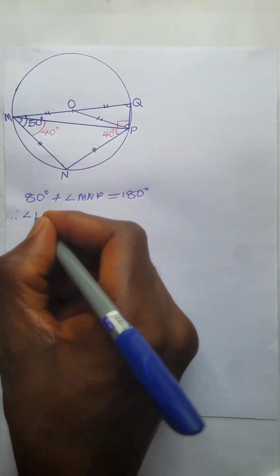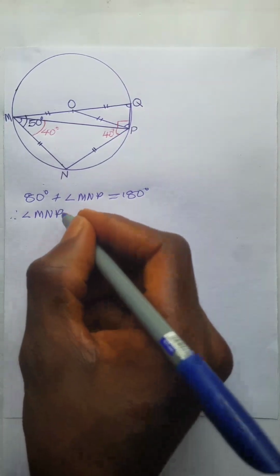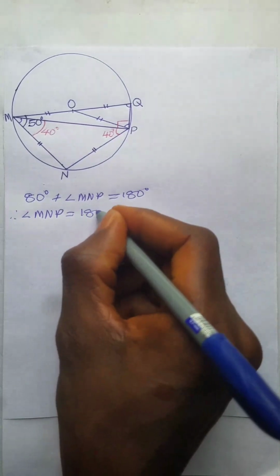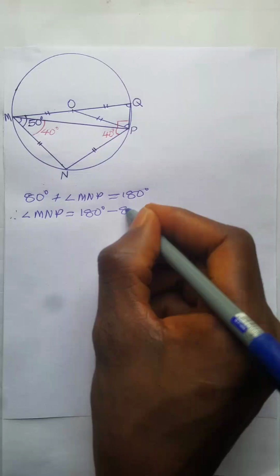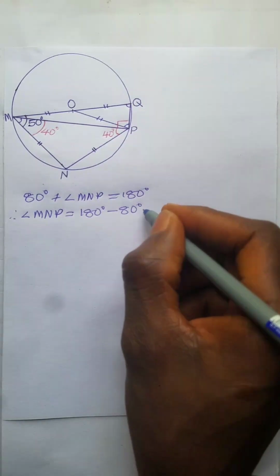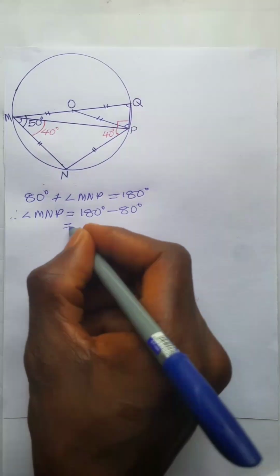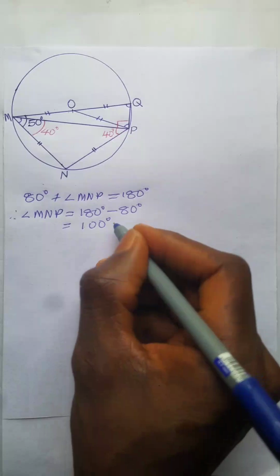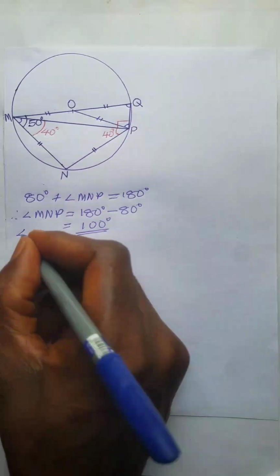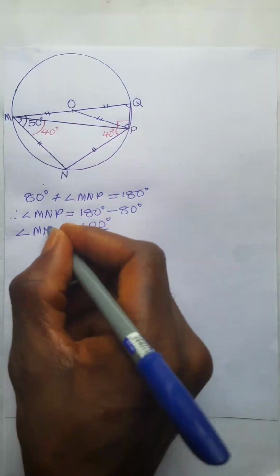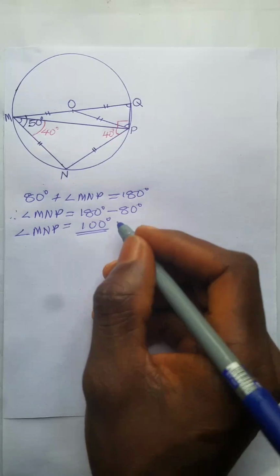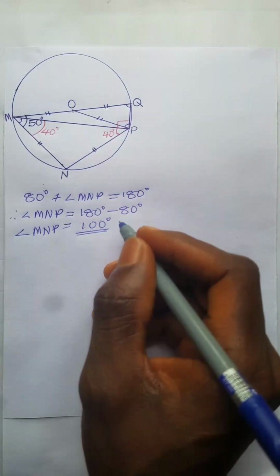Therefore, angle MNP is equal to 180 degrees minus 80 degrees, which is what? 100 degrees. So we've gotten our angle MNP. That is I.